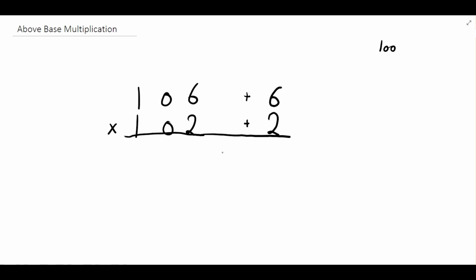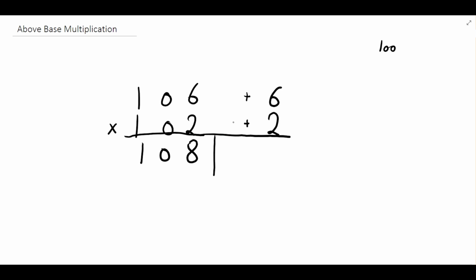So now there are two parts to this answer. Let's call it the left part and the right part. First we'll do the left part, which is 106 plus 2 or 102 plus 6. You can choose either one, whichever makes your calculation easier. But the answer would be 108 for both.